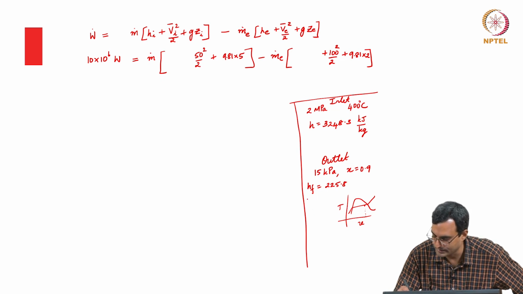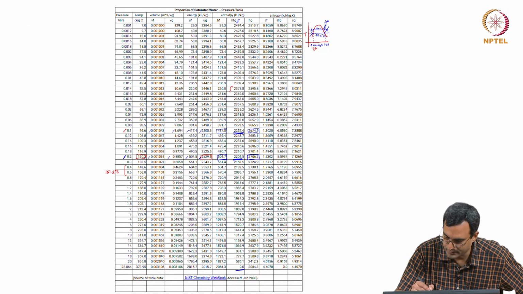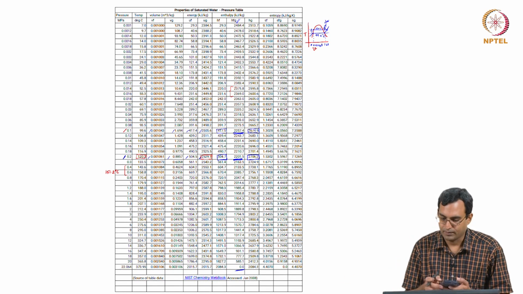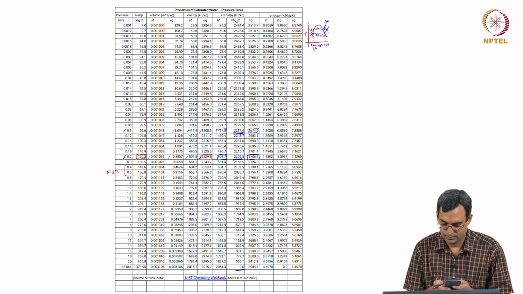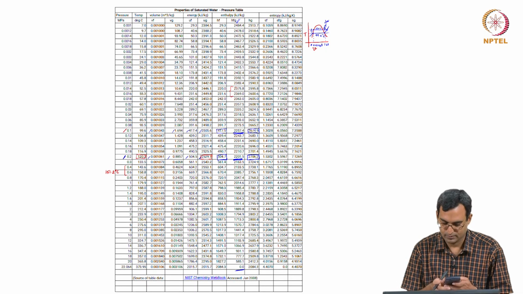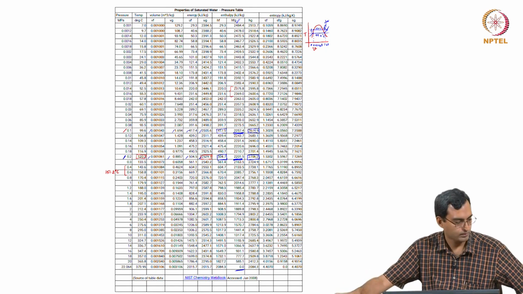And I need hfg. I'm going to take the average of these two, 2375.8 and 2369, which is 2372.4.